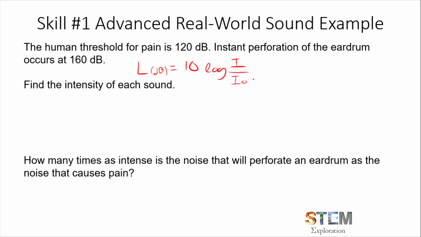I naught here is just the baseline. Think of a sound so quiet that it occurs everywhere. This number is equivalent to 10 to the negative 12 watts per meter squared.